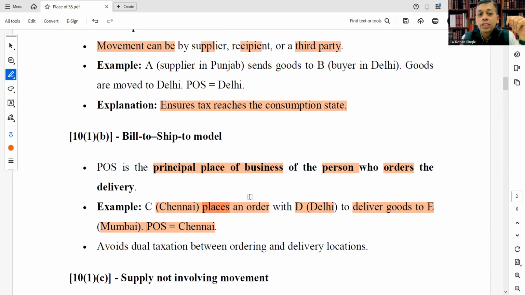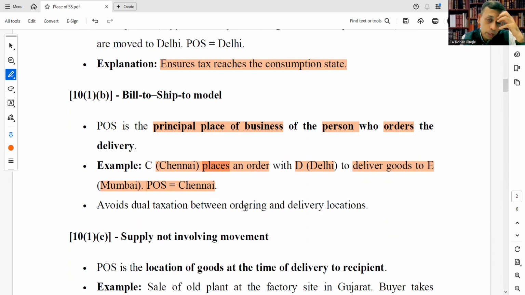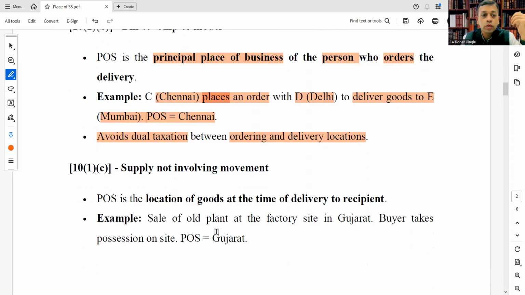So who orders the delivery in the example? C, that is in Chennai. So place of supply will be Chennai. Build to ship to model avoids dual taxation between ordering and delivery location.